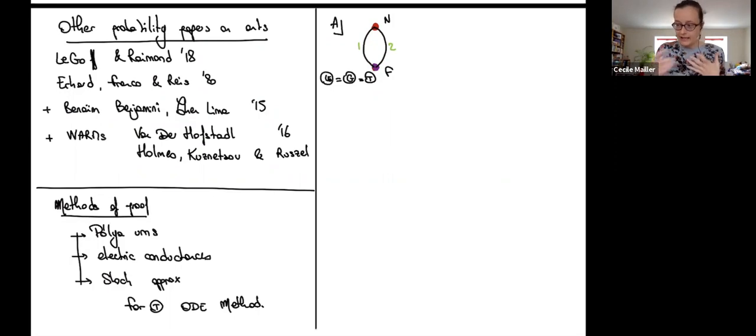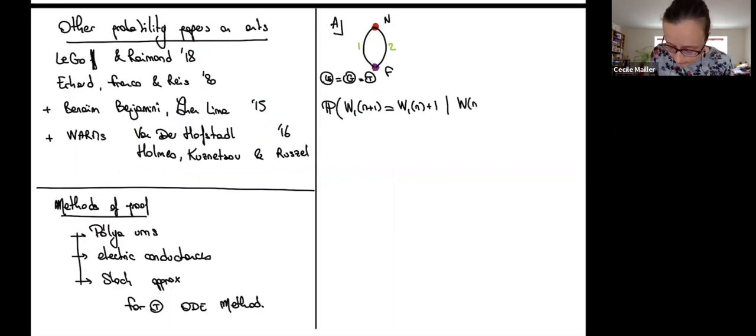The first calculation we have to make, to understand the model, is the following. We ask, what's the probability that the ant is going to reinforce edge number 1? So what's the probability that I do +1 to the weight of edge number 1, knowing all the weights at time n? Here it's very easy.